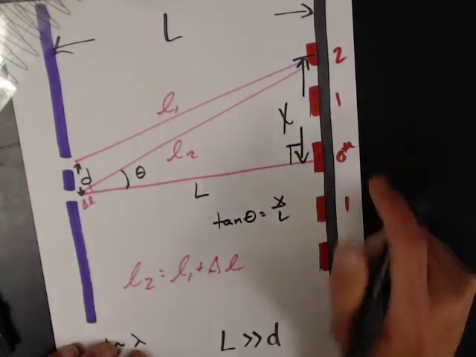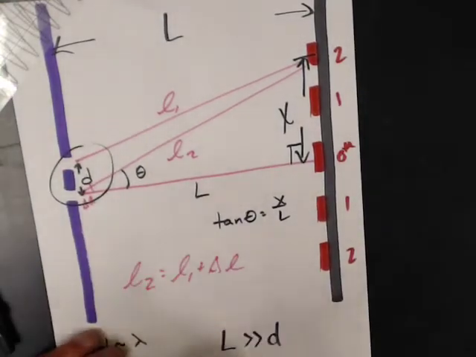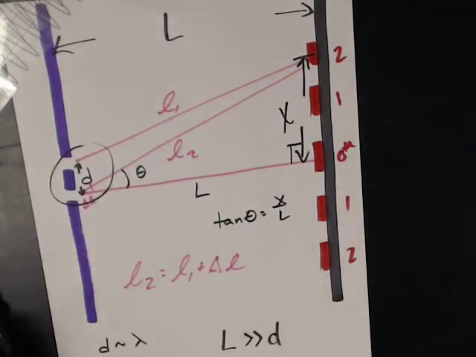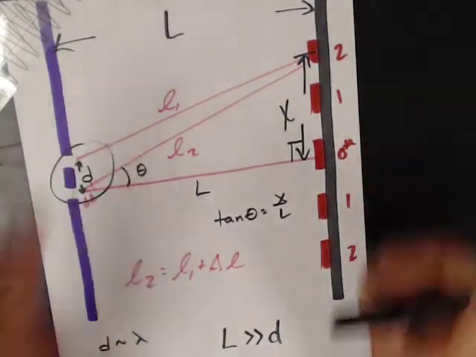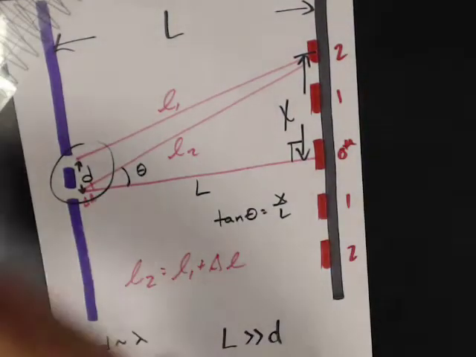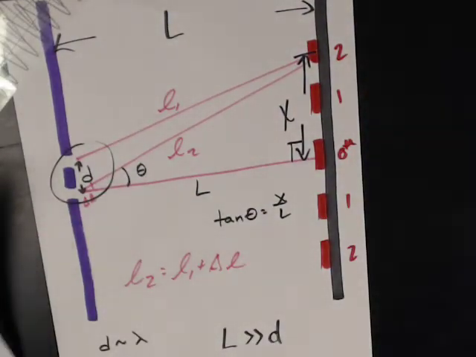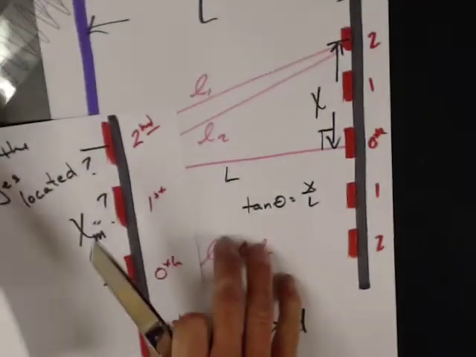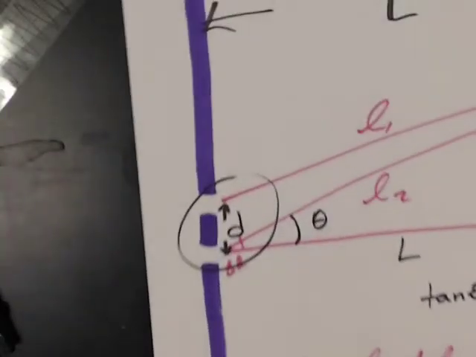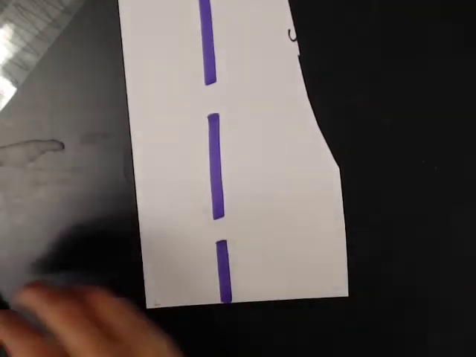Let's see if I can figure out some other thetas. Let's take a look at this a little bit closer. So that means I need to separate it and zoom in. Right, here it is. Now we've zoomed in.